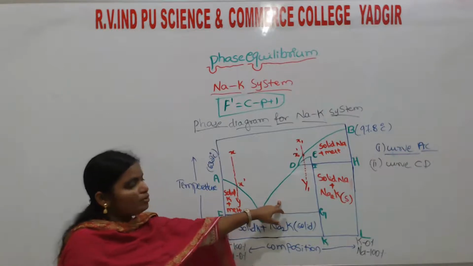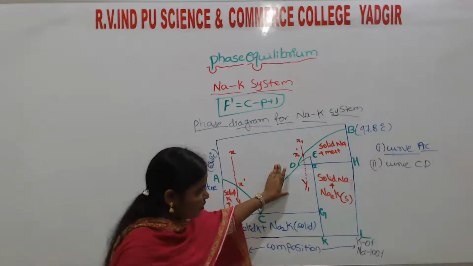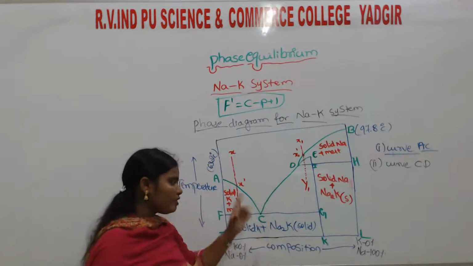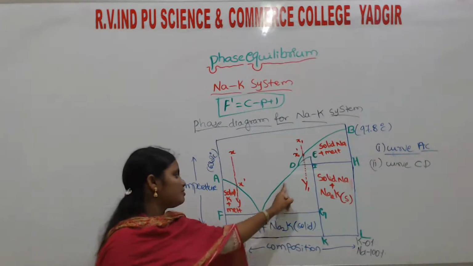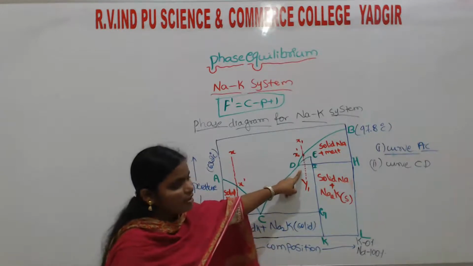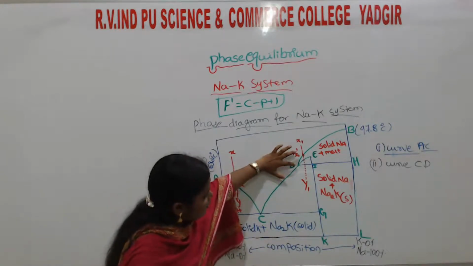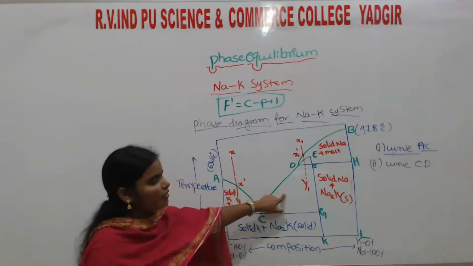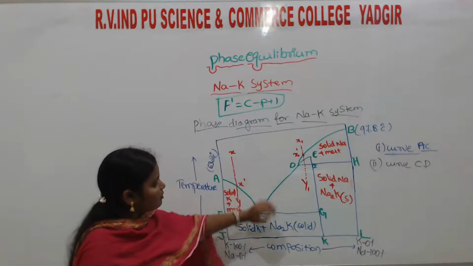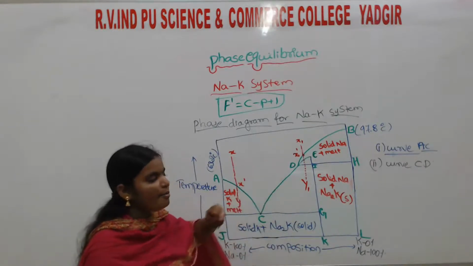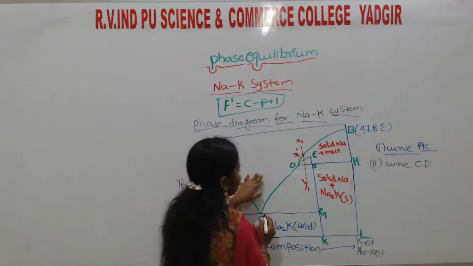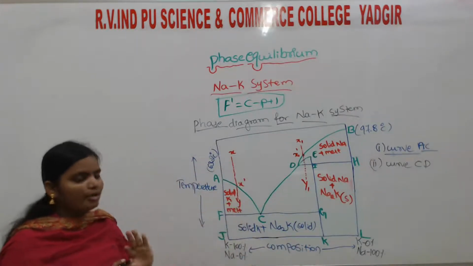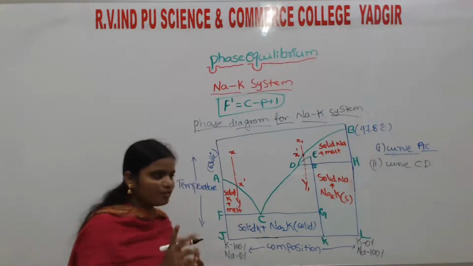Here there are two solid phases and one melt present at this point. As you increase the temperature along this curve, two phases are present: one is Na2K, another is the melt. When you reach this point, the solid potassium disappears.